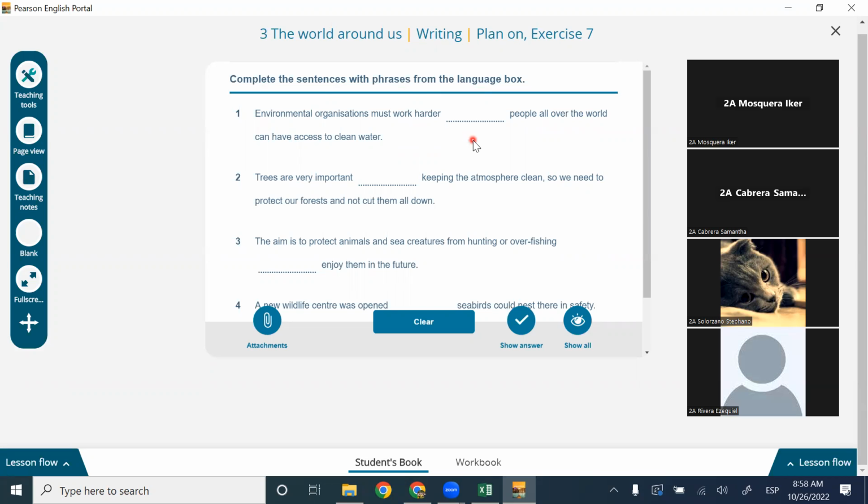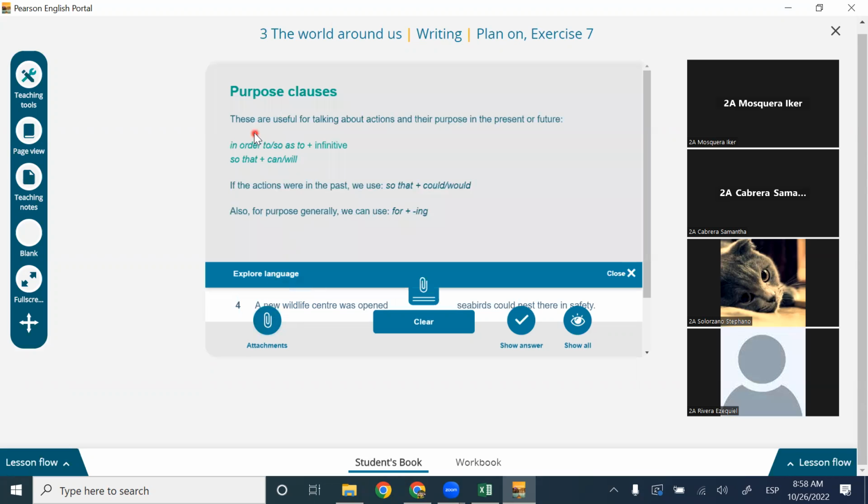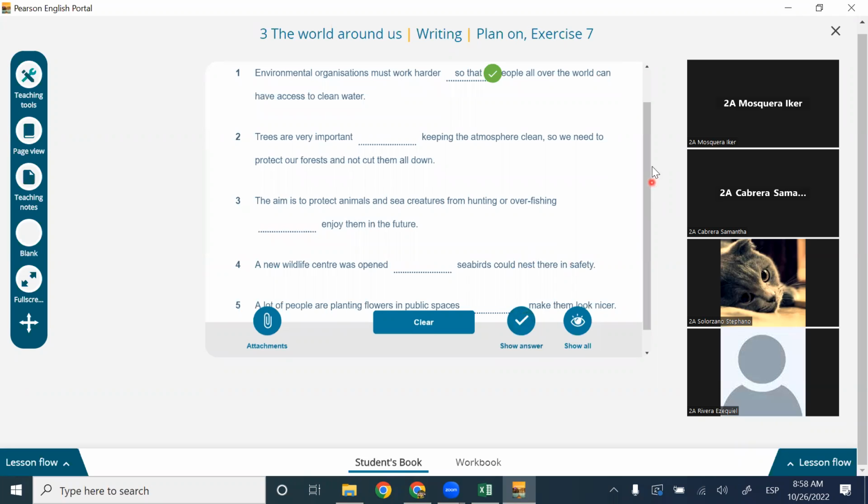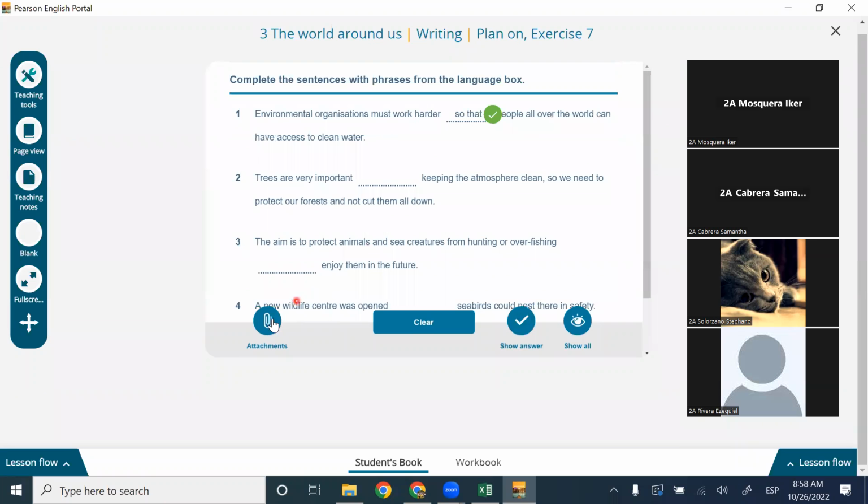What are you going to use? Remember here the language that we have. Which one are you going to use? In order to, so as to, so that can, so that will, so that could, so that would, or for. Which one of these are you going to use? In order to, so that, okay.